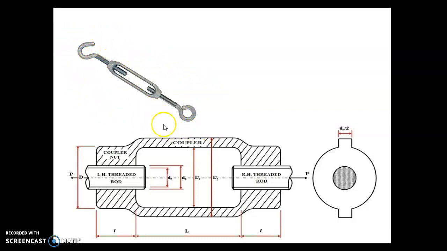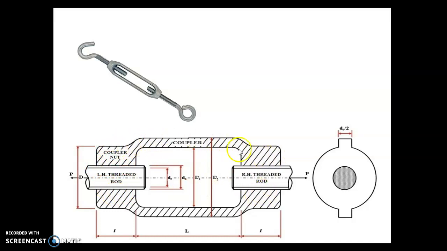So now we will see a two-dimensional diagram of a turnbuckle. See, the middle part is known as the coupler, and the point at which the coupler is attached to the threaded rod is known as the coupler nut. So the coupler nut will be this part and this part.